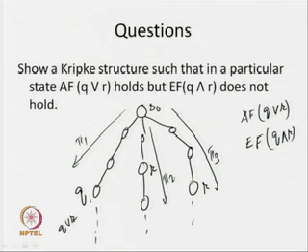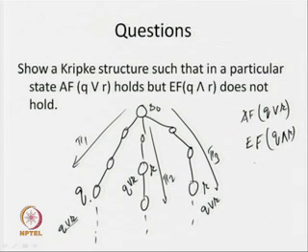Similarly, in pi 2 we are getting one state where r is true, so q or r is true over here. Similarly, in the third path pi 3 we are getting one state where r is true, so q or r is also true over here. So in all three paths from S0 we get a future state where q or r is true. So we can say that in S0, AF(q or r) is true.